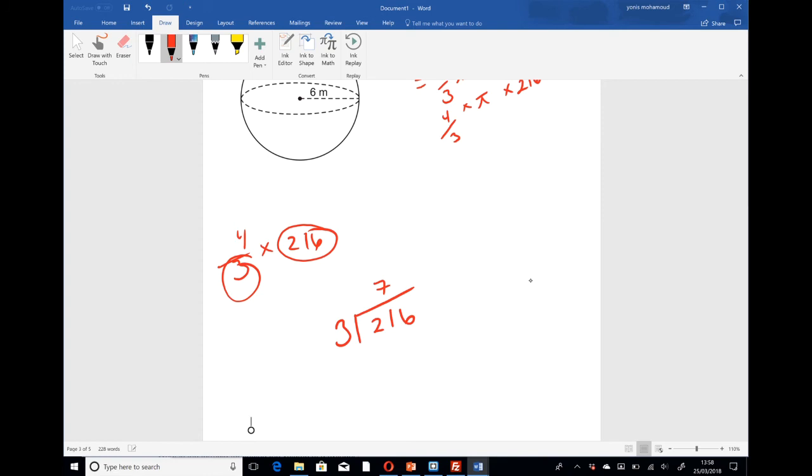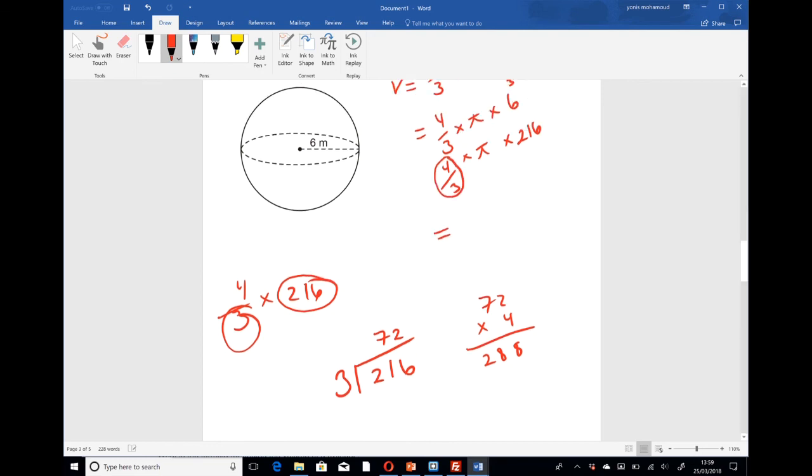How many 3's go into 6 is 2, so it's 72. And then I'm going to do 72 times 4, which is 2 times 4 is 8. 4 times 7 is 28, so it's 288. So instead of writing 4 over 3 and 216, I'm just going to replace that with 288 pi followed by the units meters cubed.